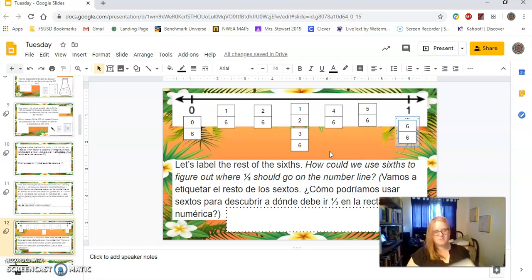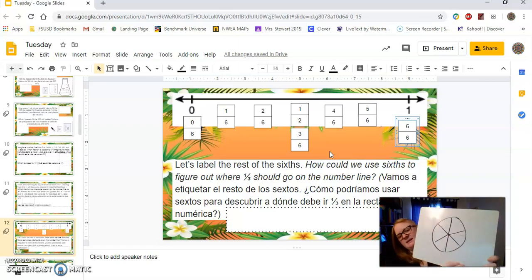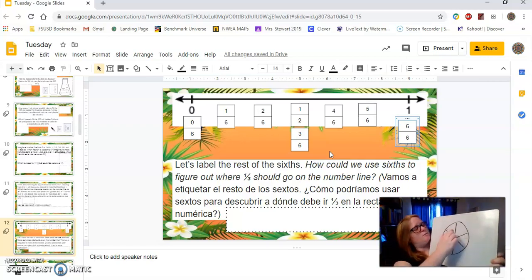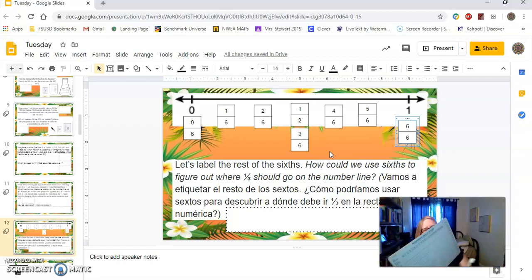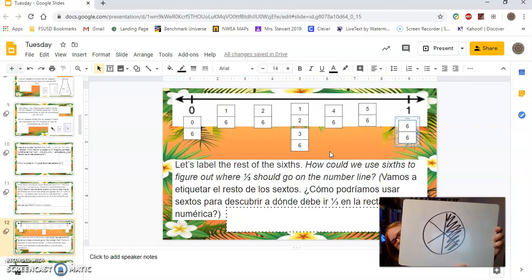Okay, so here's a circle, and it is in 6 different pieces. 1, 2, 3, 4, 5, 6, right? And 3 out of the 6. When I shade in 3 out of the 6, this is what it looks like. So it's right in line with half.